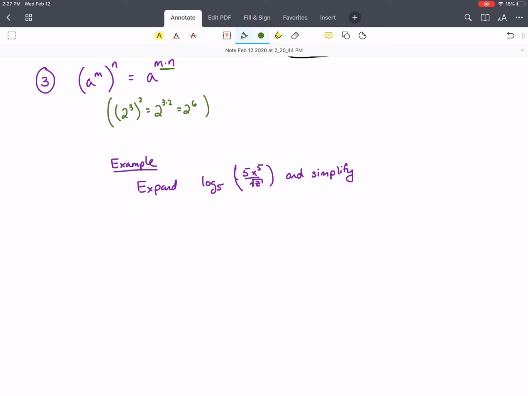The first thing to notice is I do have that ratio, 5x to the 5th divided by root z. So I'm going to use the second log rule, for what to do when I have that ratio, and write it as the difference. So I get the log of 5x to the 5th minus the log of the square root of z.